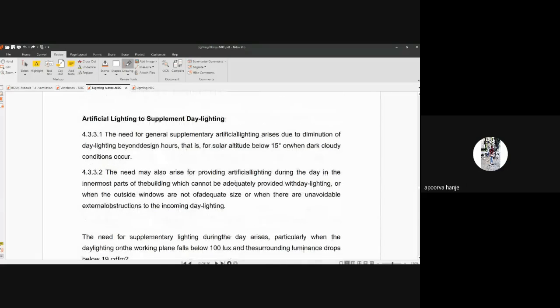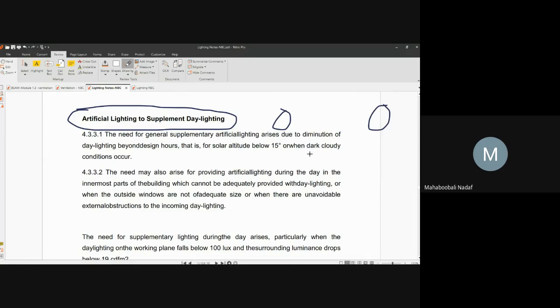Yes, sir. Next point is artificial lighting to supplement daylighting. It means during the early morning hours or the late evening hours, when the solar altitude is less than 15 degrees, then you have to provide artificial lighting.